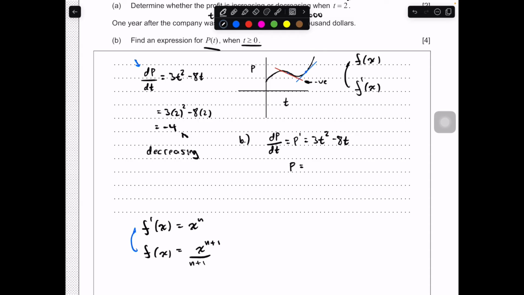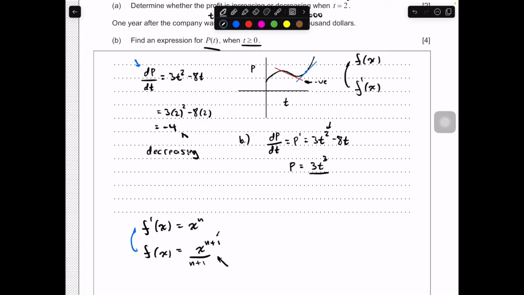There are no variables in the denominator, we don't have like 1 over t in anything, so we should be able to use this formula right here more straightforwardly. So let's begin with 3t squared. Previously the exponent was 2, let's add 1 to that, and now it should be 3t cubed over 3.